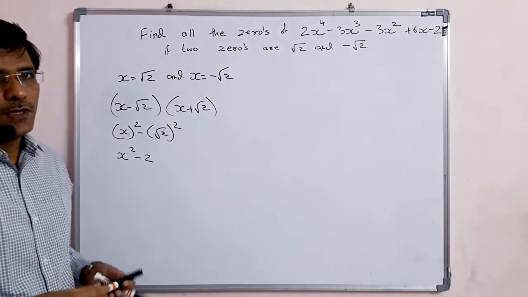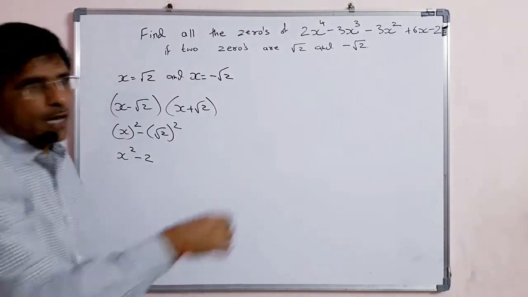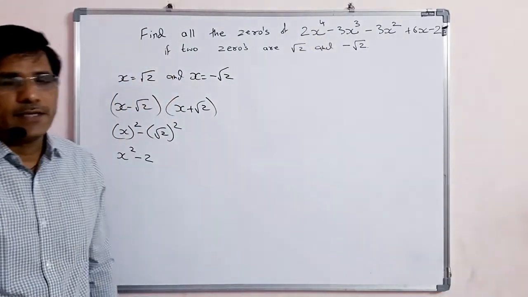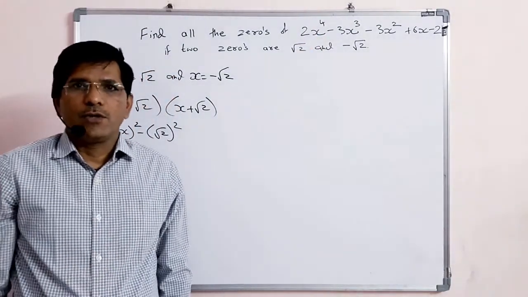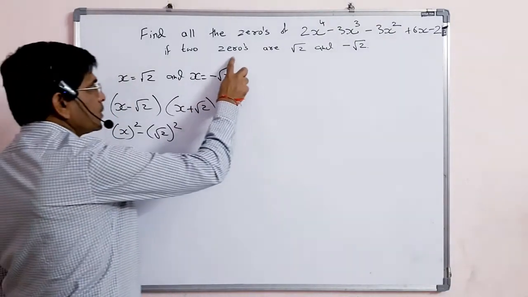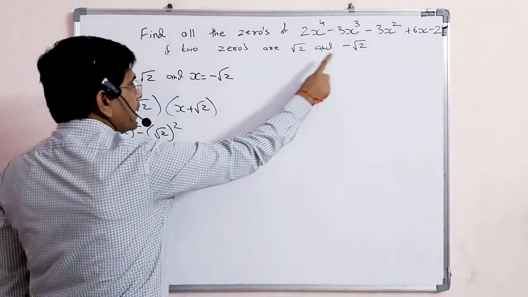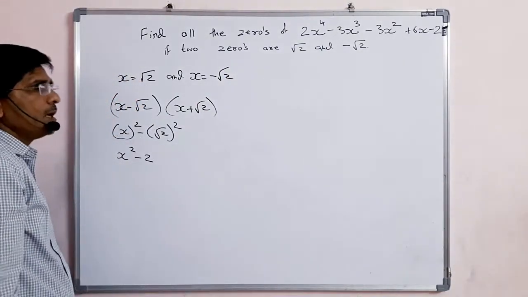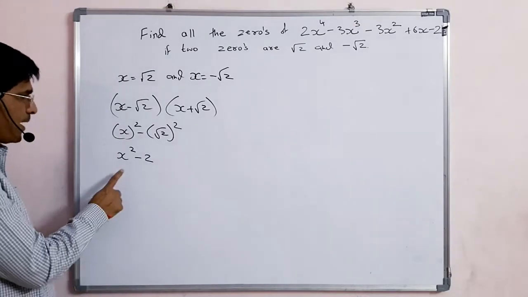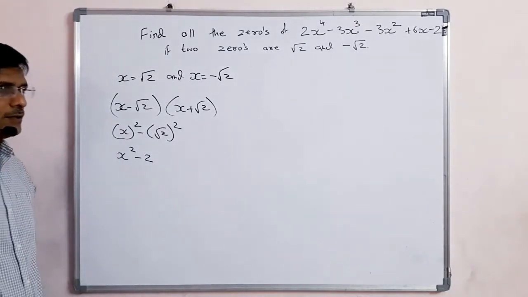First of all, we have to see the power of x is 4. It means it has 4 zeros. To find out the 4 zeros, two zeros are given in the question, that is root 2 and minus root 2. By using root 2 and minus root 2, I have found x squared minus 2.